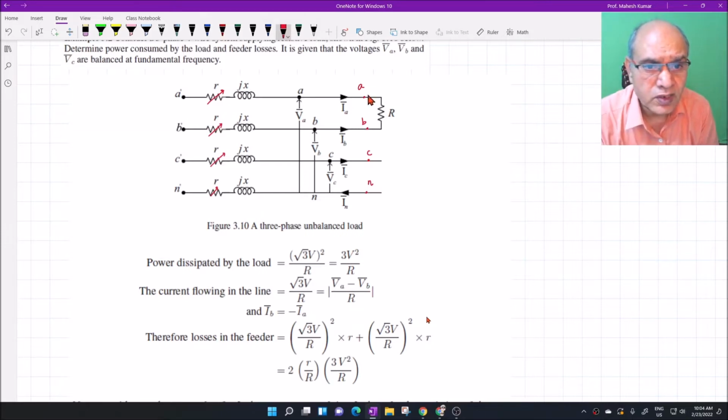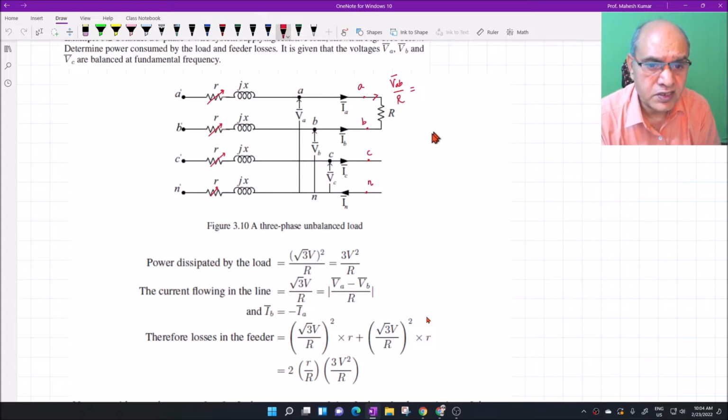As you know, the voltage VAB appears across the R, therefore the current is root 3 V by R. So the current which will flow here is VAB by R, taking VA as the reference voltage, and the three-phase voltages as balanced.